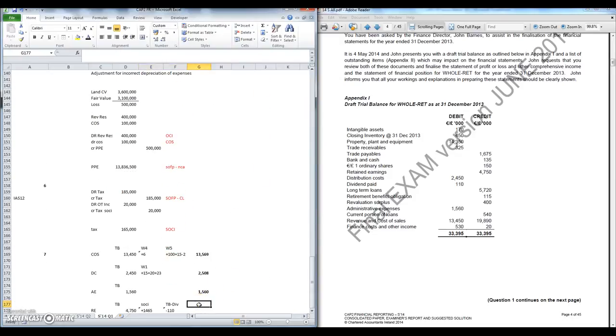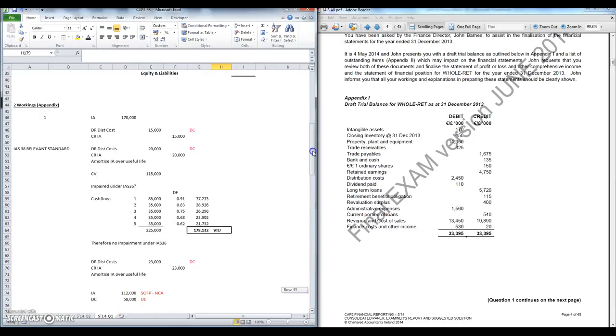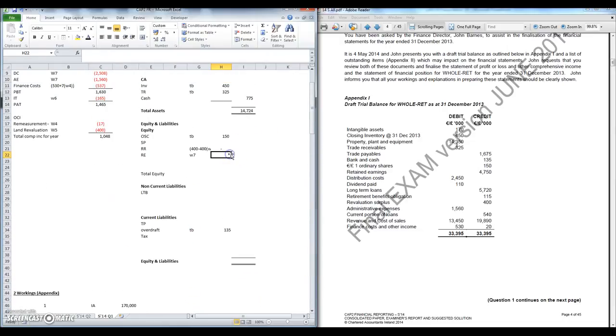Okay, so the final one is your pension is minus 17. So if you add them up, plus 4750 plus 1465 minus 110 minus 17 gets you to 6088. And we can bring that right up to here, 6088. So adding them together gets me to equity of 6238. Okay? So total equity, I'll bring that down here to 6038.